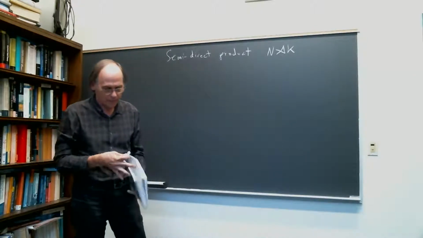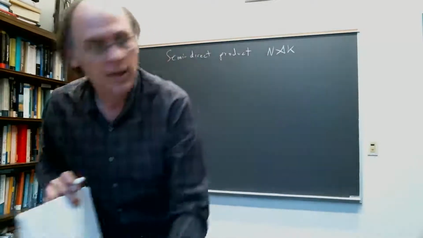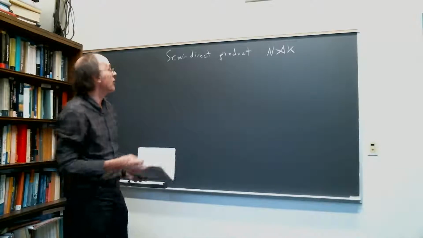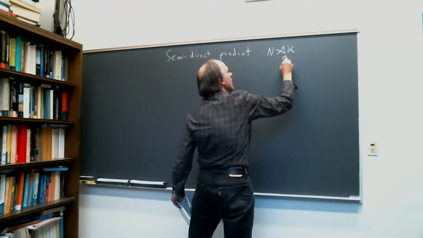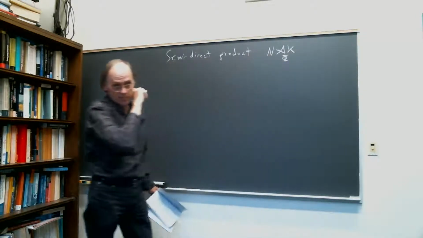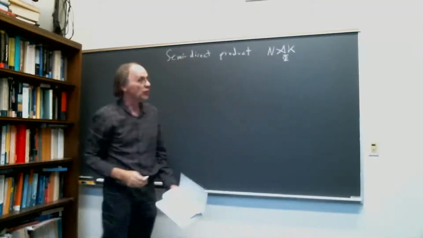The one fact you have going for you is this map phi, which for each k maps N to itself in a one-to-one way, preserving the group law.